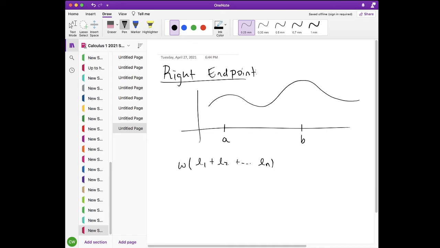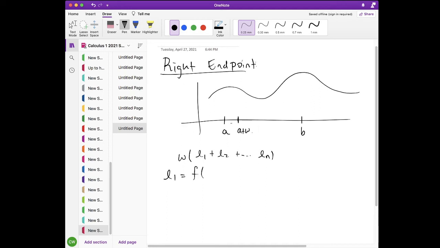Okay, so if this is my width of the first rectangle, by the name, what do you think L1 is going to be? The length.